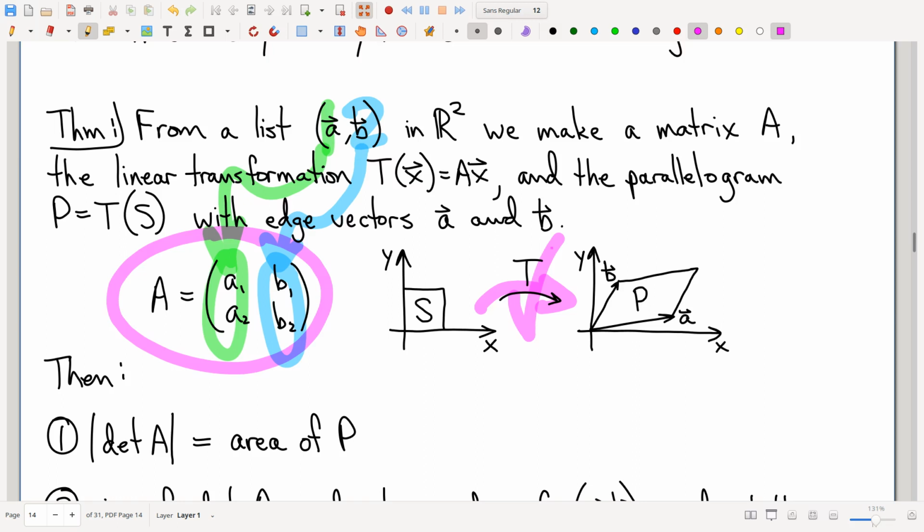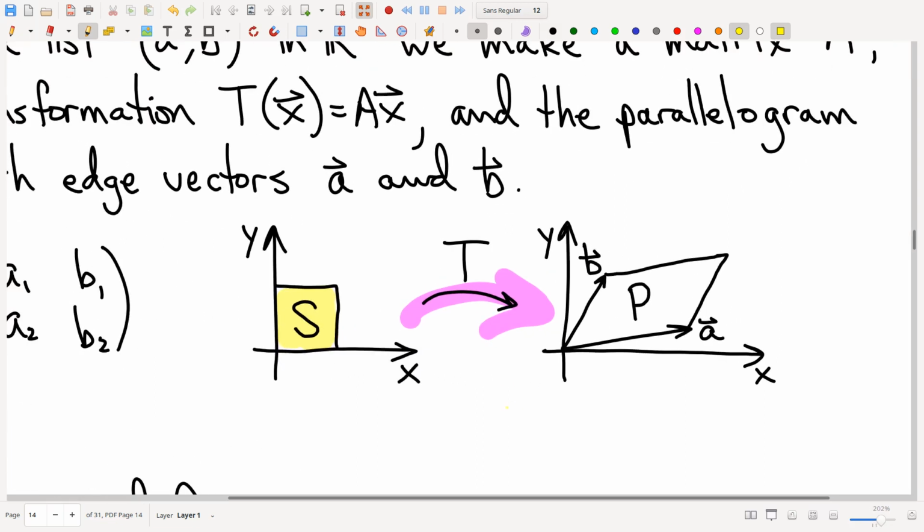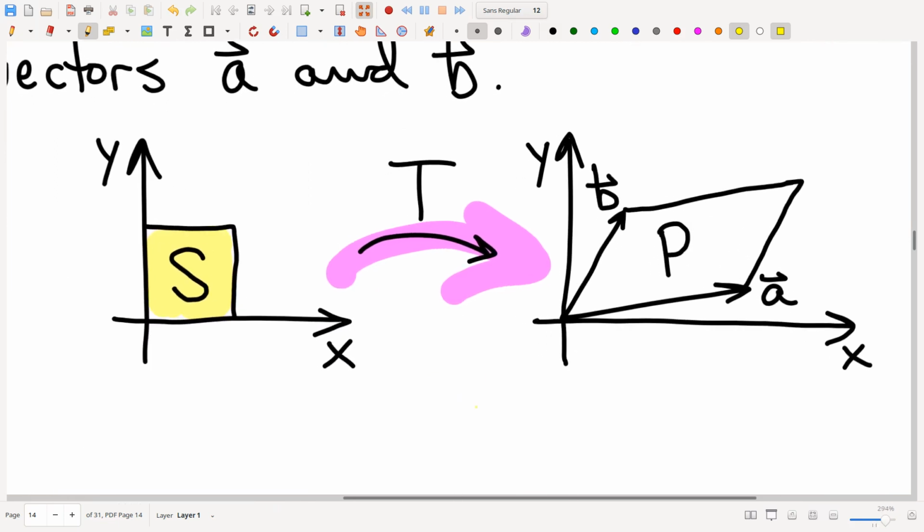And now I'm going to ask what happens if I look at the unit square here. Let me zoom in so I can see better. What happens to the unit square? Well, let's take this one edge vector at a time. Let's look at E1, one of the edges of my unit square.